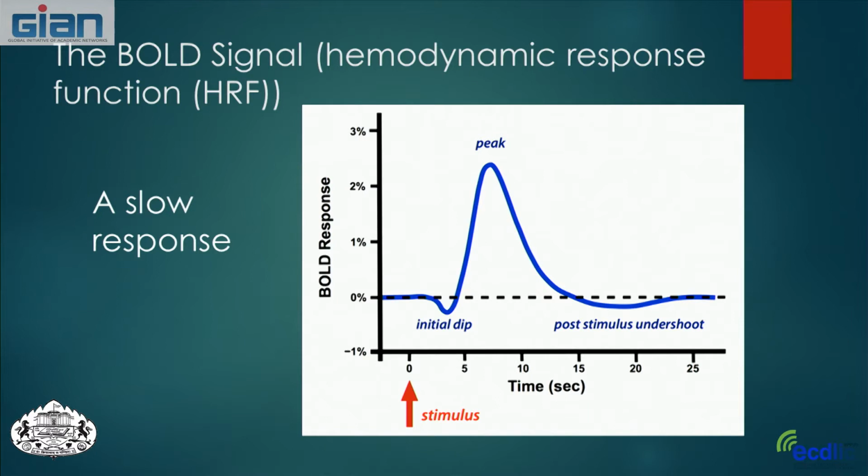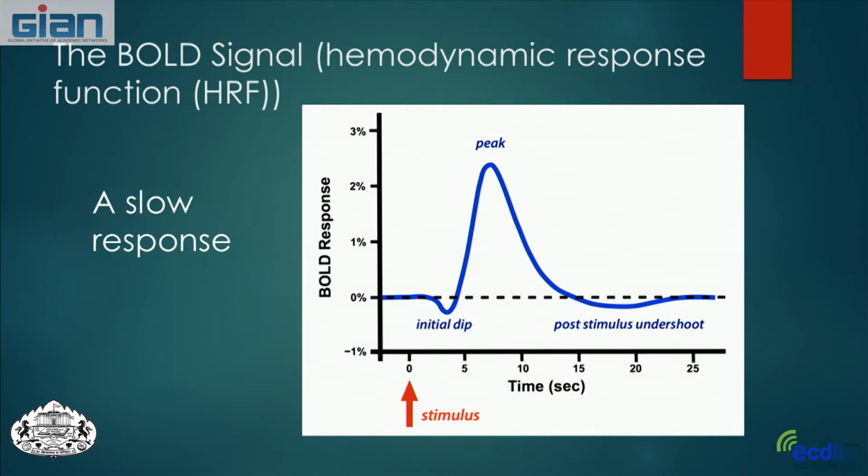So the bold signal actually is a slow signal. This effect takes place over a few seconds. So what happens is a stimulus comes up, and we have this initial dip in the bold response, and then as the person is performing this task and the blood flow changes, we have these changes in this bold signal.